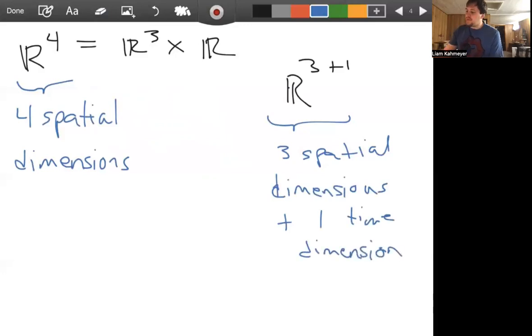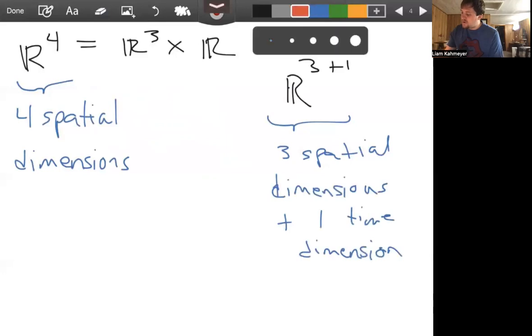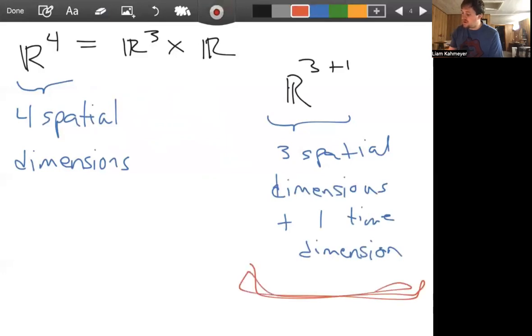And so our minds are better at picturing what's going on over here because we live and experience time linearly, right? If you think about, say, my phone here as being a 4-dimensional object, well, it's in 3 dimensions, but as time goes forward, this phone moves, right?